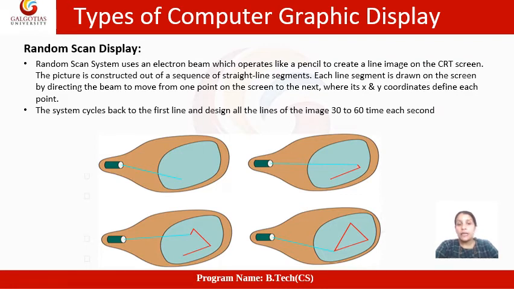The system cycles back to the first line and draws all the lines of the image 30 to 60 times per second. So here in the picture you can see that the electron beam directly generates a particular line and joins it to the next line. So now a triangle is created.